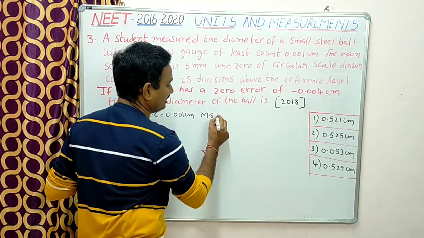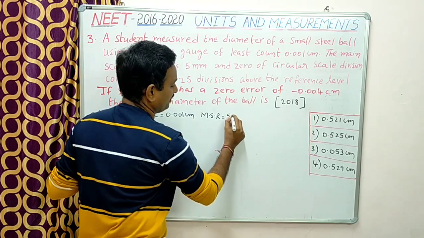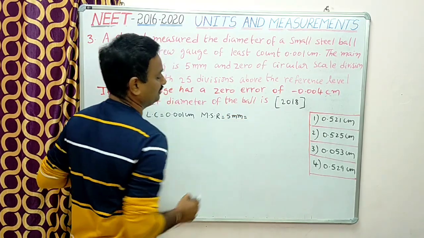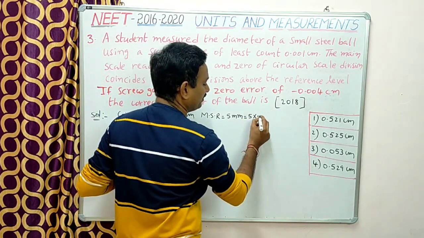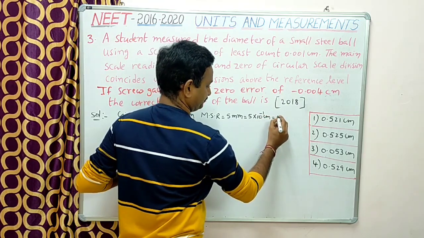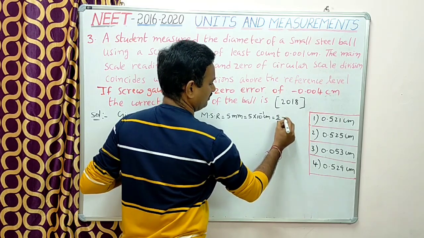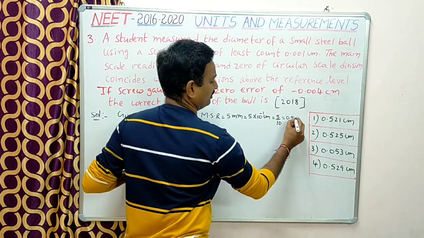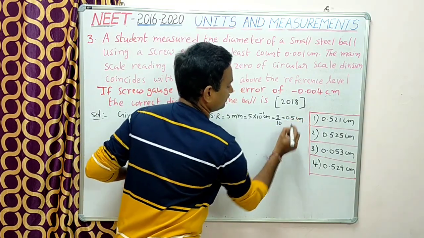MSR means main scale reading. That equal to 5 millimeter. I will convert millimeter in terms of centimeter. That is 5 into 10 power minus 1 centimeter. That is equal to 5 by 10. You will get 0.5 centimeter here.